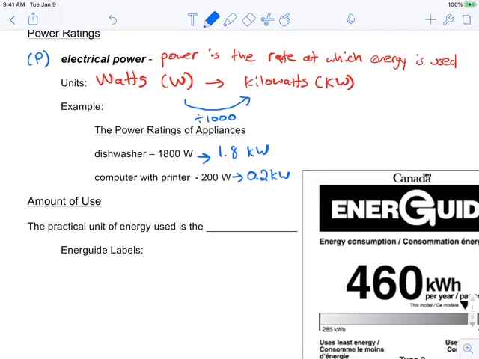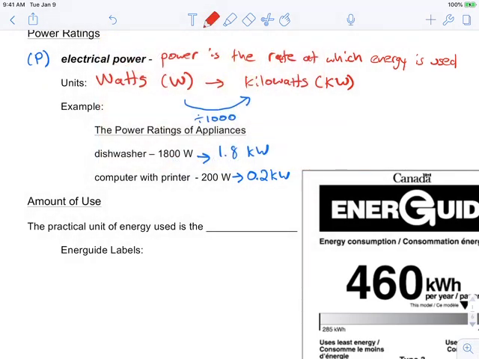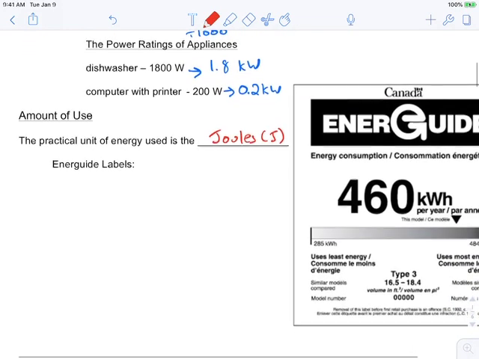Now, it's really difficult to talk about power without talking about energy, because remember, power is just how fast we use up our energy. So energy is measured in joules, and we use a J for it. But we actually don't measure a lot of our things in joules because joules are just way too small.